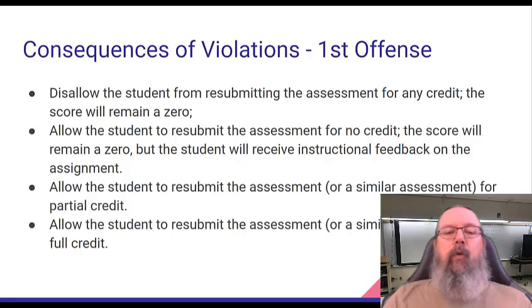However, the student will receive instructional feedback on the assignment. The teacher might allow the student to resubmit the assignment for partial credit. Or maybe the teacher will let the student resubmit the assessment for full credit. Okay, so any one of those four scenarios can happen on the first offense.